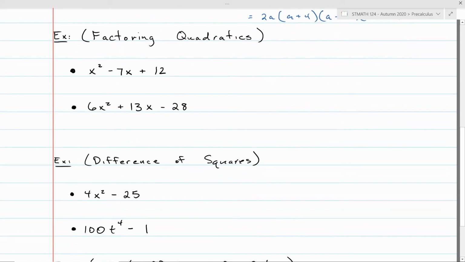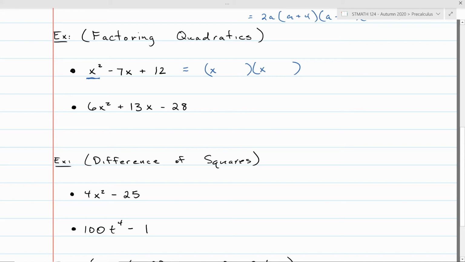You may remember factoring quadratics, or trinomials they call it sometimes. So for example, this x squared minus 7x plus 12. Remember the trick on factoring quadratics is, and they don't always factor nicely, but if they're going to, you figure out terms that multiply to give you the first term, x squared.